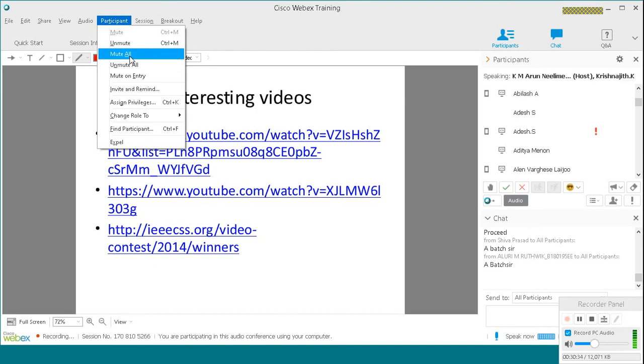And the person whom I ask will unmute and respond. This is also an indication that people have kept the window open and they are doing their own work, they are not using their microphone.